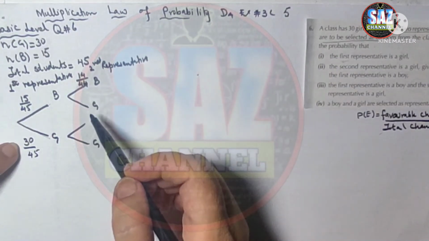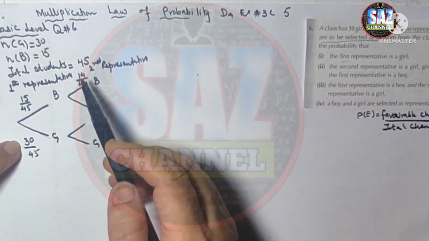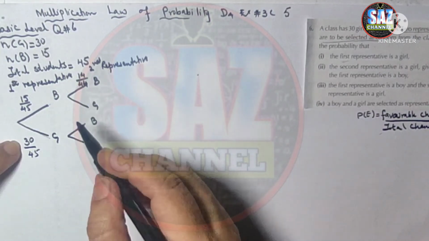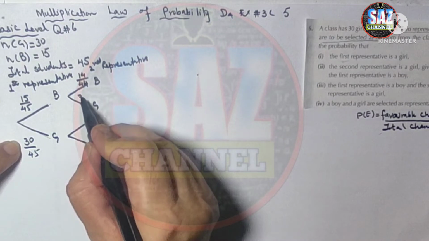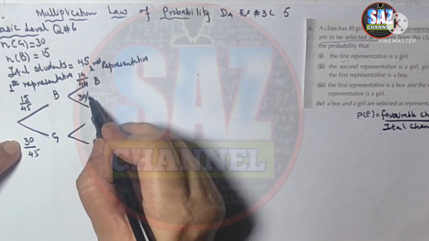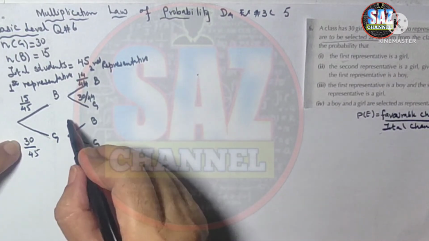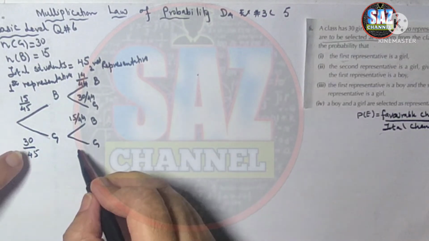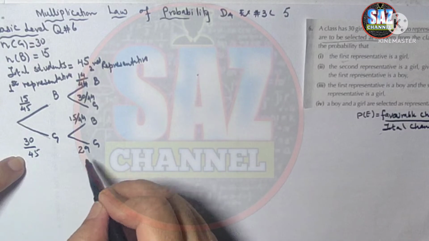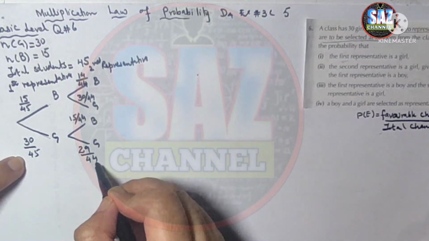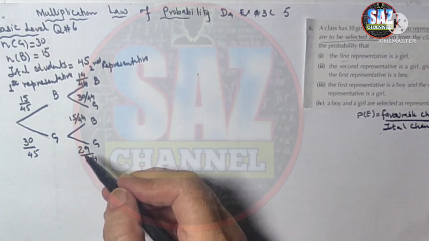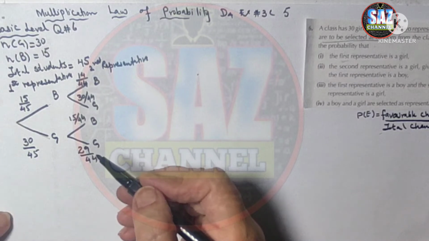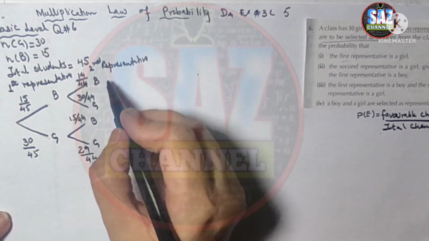But coming to the girls, as the second time we are again picking up a boy, the chances of girls will remain the same, 30 by 44, and then this will be 15 by 44 and this will become 29 by 44. I hope you are clear how we are making the tree diagram.